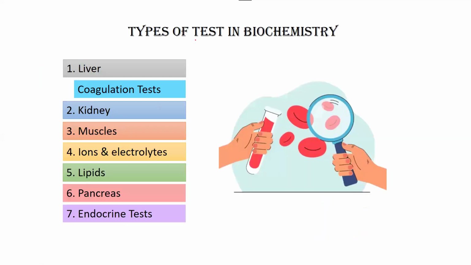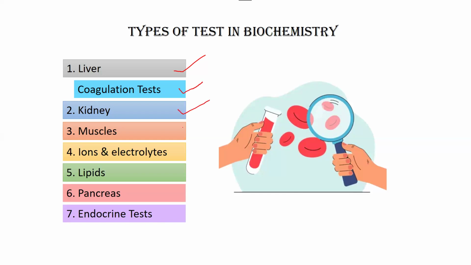Next, we have the types of tests in biochemistry. This is a very general classification or division: there are different types of tests that are included in liver. We will see their detail in the next slide, but then in the subcategory we have specifically coagulation tests that are related to blood.